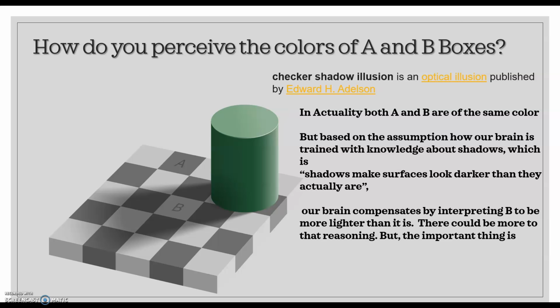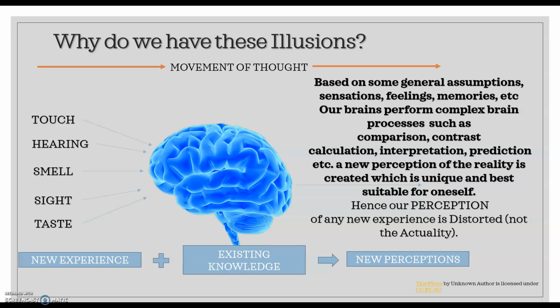Well, maybe there could be more reasoning, but the important thing is, why do we have these illusions? Our new experience, as we perceive through our senses, gets added to our existing knowledge, and we create a new perception.